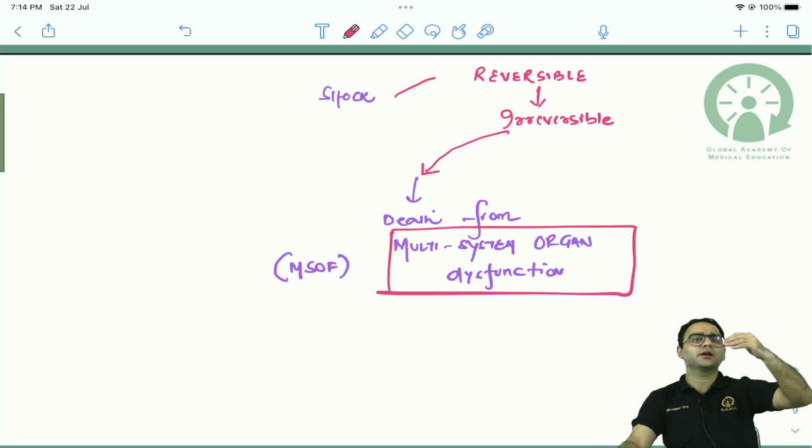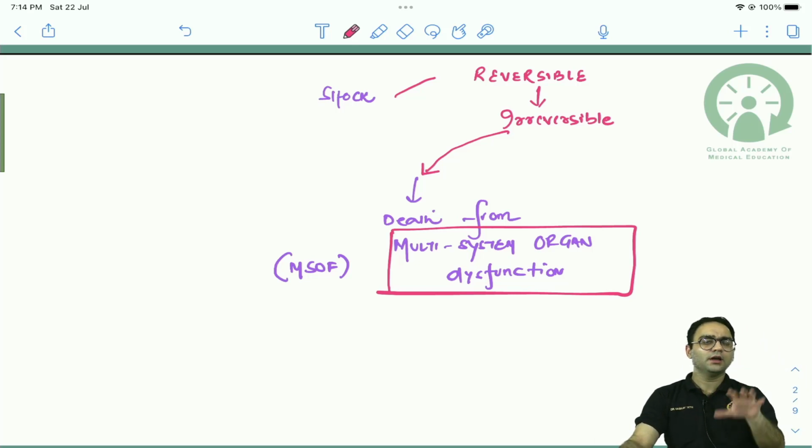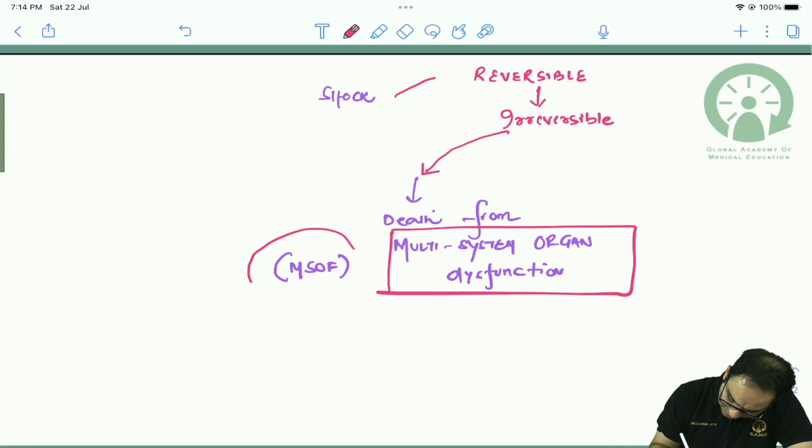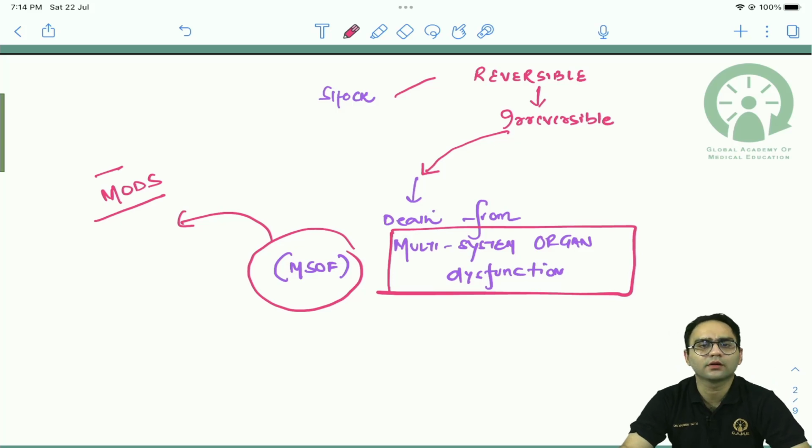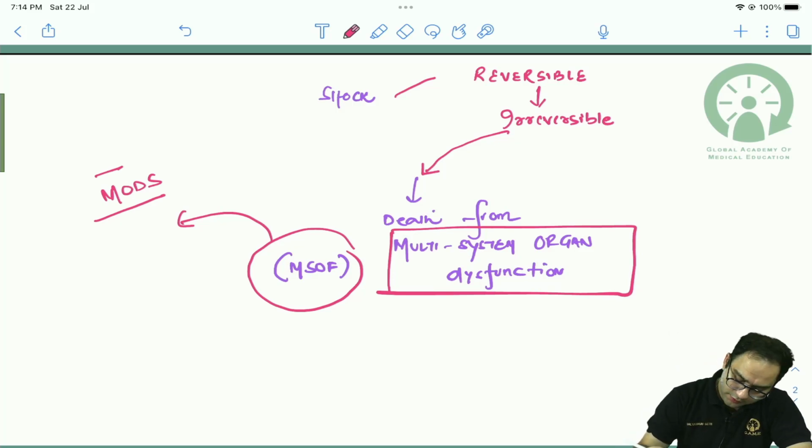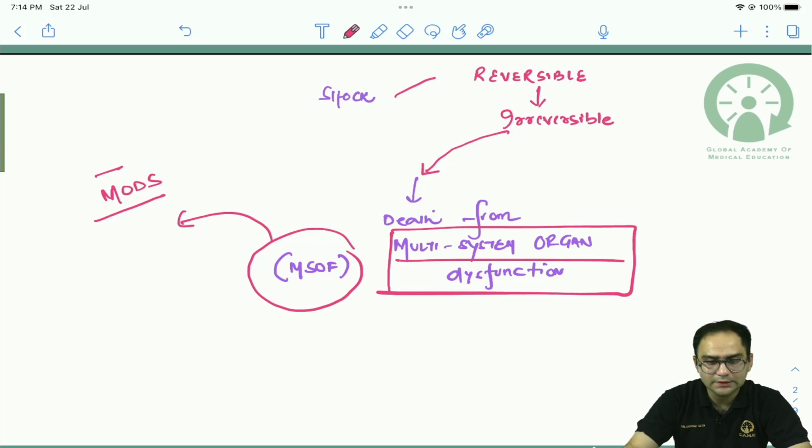Irreversible shock ultimately turns into multi-system organ failure. Previously this term was known as MODS, multi-organ dysfunction syndrome, but now the terminology used is multi-system organ failure or organ dysfunction. So you have MSOF, that is the new terminology.